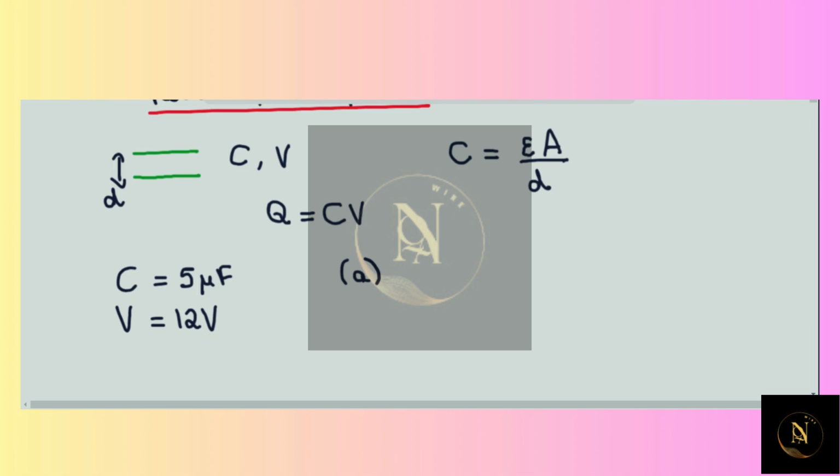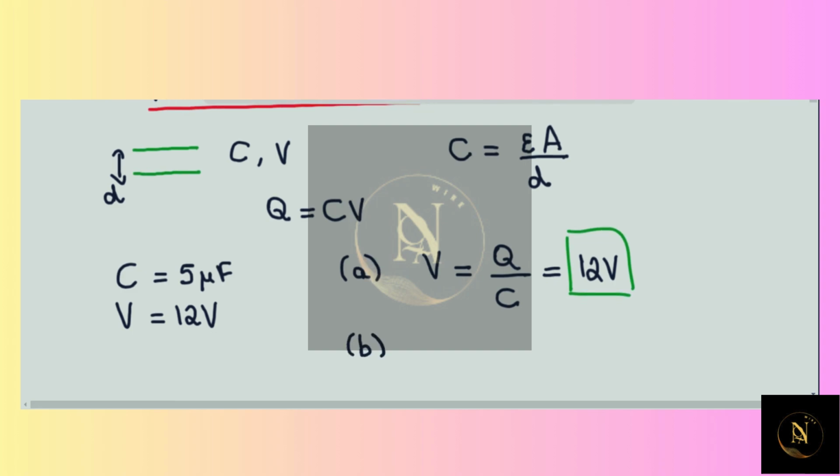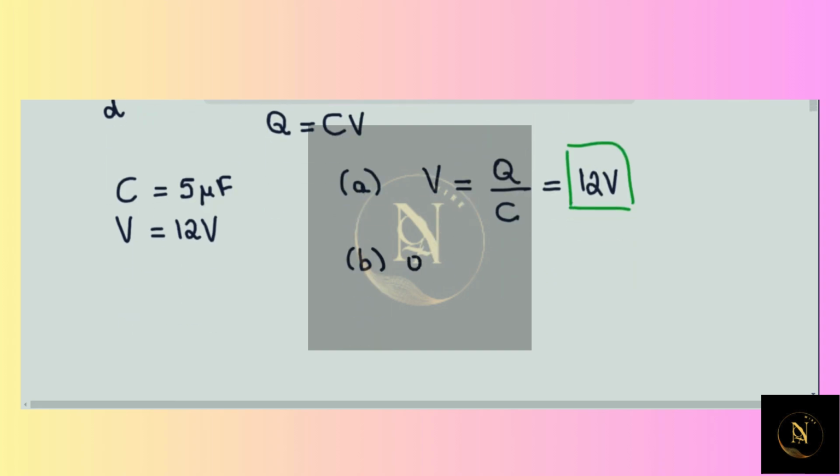Well, if the charge doesn't change, then since V is equal to Q divided by C, where Q is the charge and C is the capacitance, and neither Q nor C changes, the potential difference will be the same, 12 volts. Then in question B, we have to assume that D is doubled.